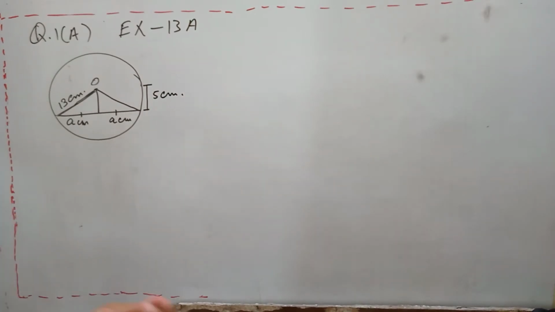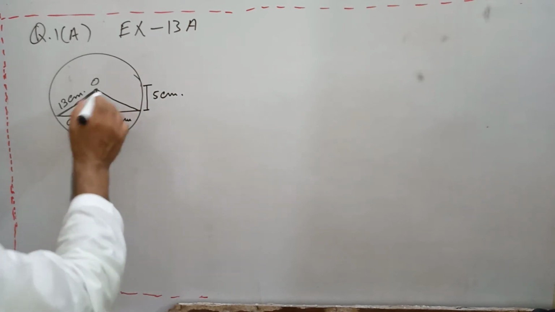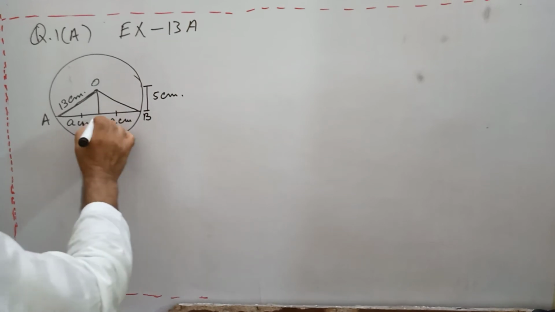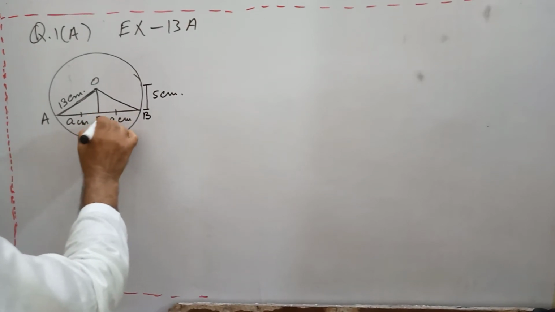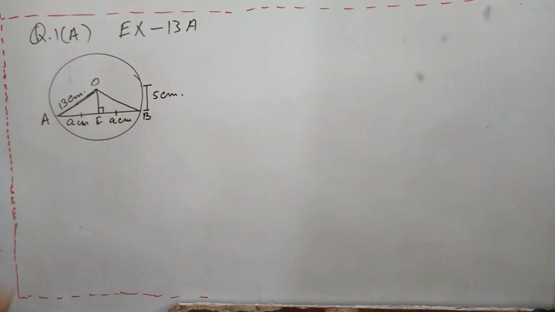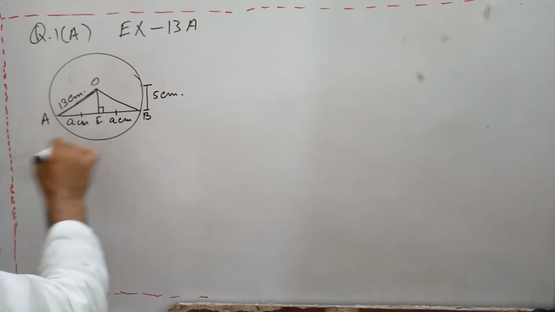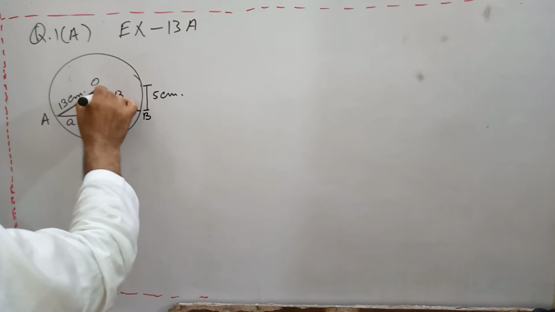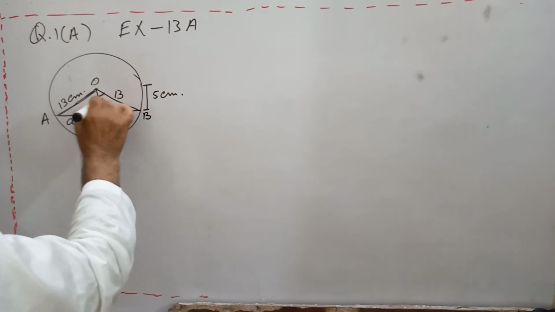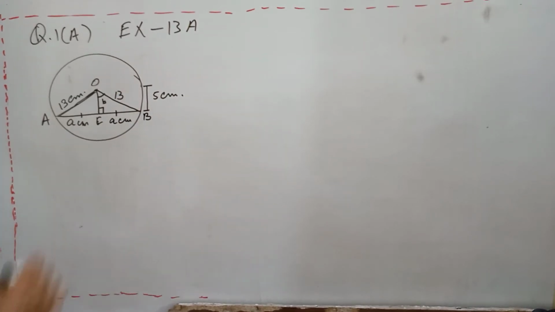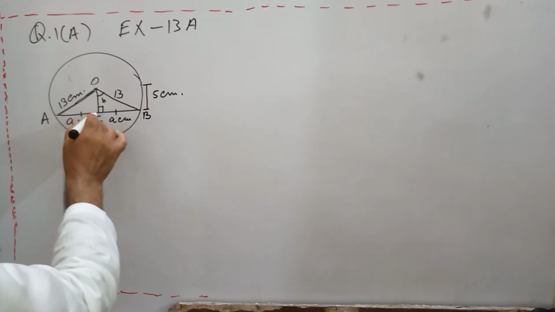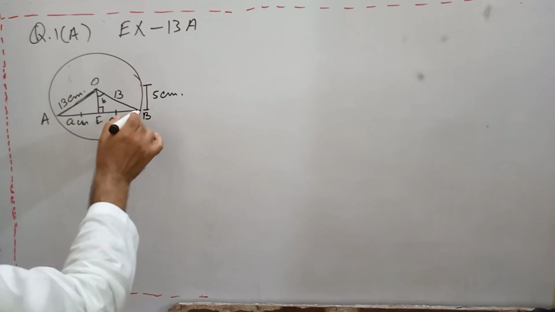If we name this triangle OAB, this point is E, and here there is a right angle. If this one is 37, then this is also 37. The angle B is also required. So in this right angle triangle OEB, we have height 5 and hypotenuse 13.